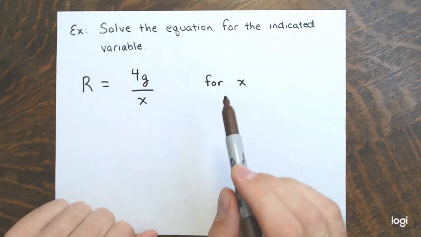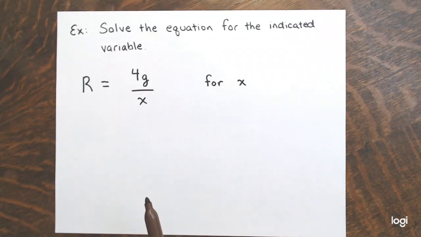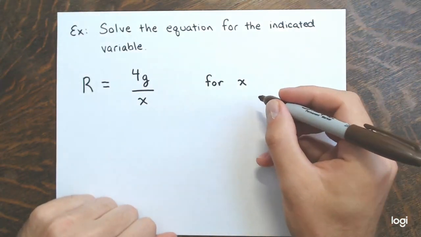Now there are several ways to do this, but I'm going to go through this the same way I solved rational equations in videos I've posted previously on solving equations involving rational expressions. So I'll relabel the steps here.